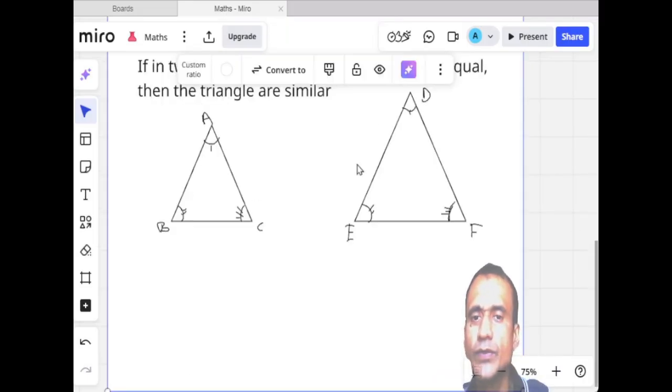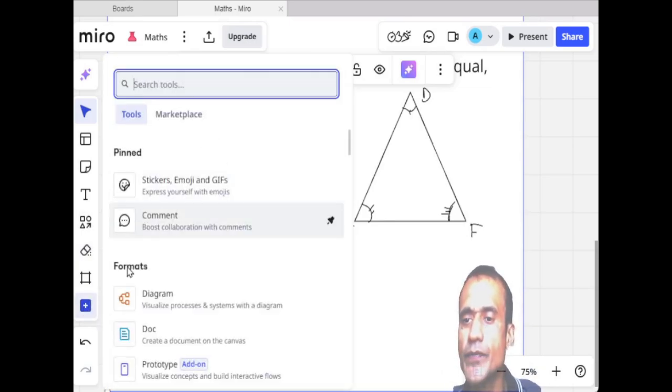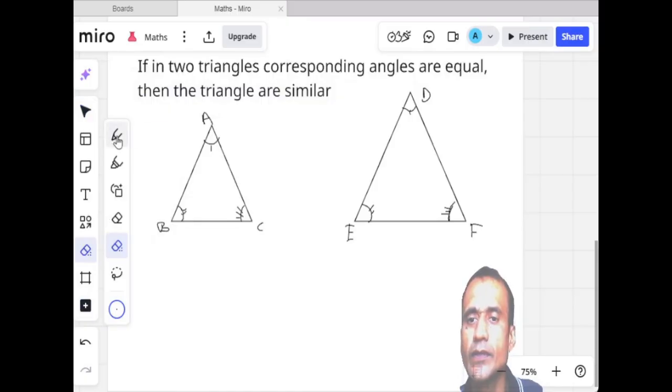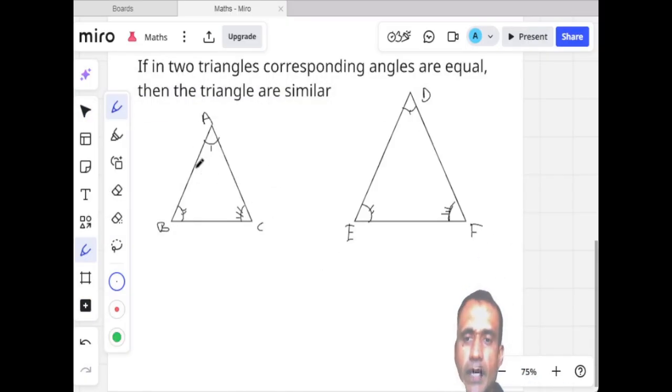So we are given these two triangles and we are given that their corresponding angles are equal, and we need to prove that their corresponding sides will also be proportional if their corresponding angles are equal.